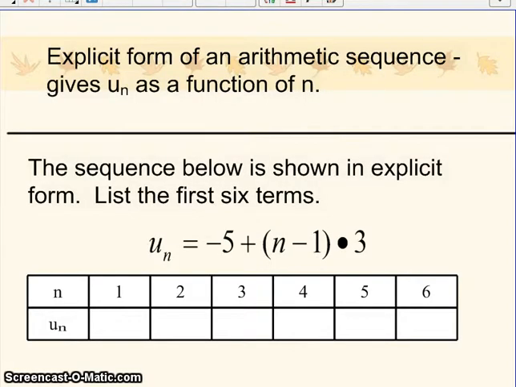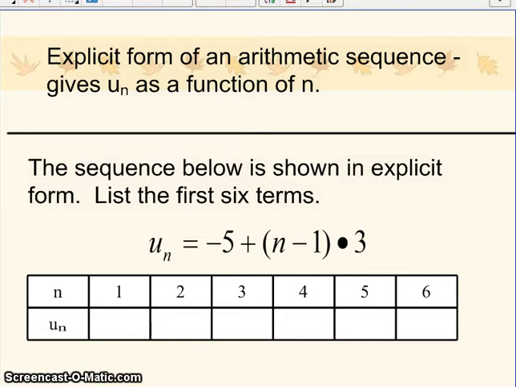Now what I've got is another problem where I'm showing you an arithmetic sequence that is defined explicitly. Now, an explicit formula gives the equation in terms of the term number, not in terms of the previous term.